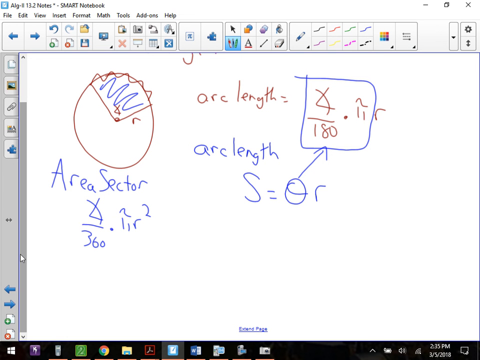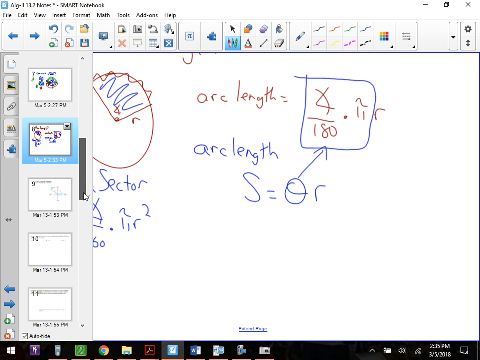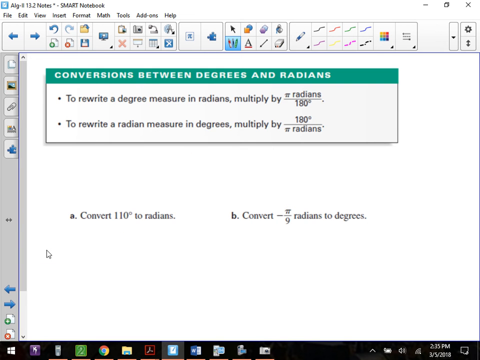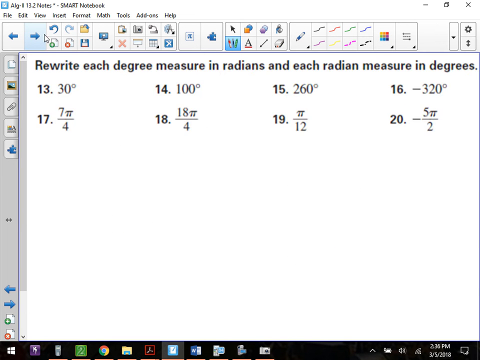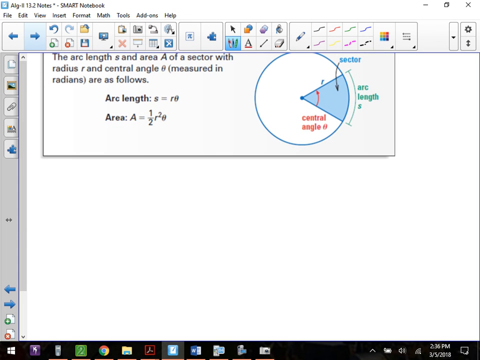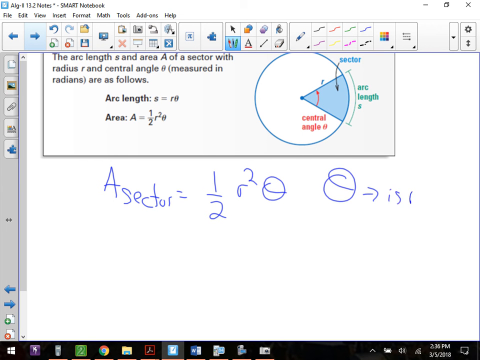I want to make sure I write it down. I always forget it. It's 1/2 r squared theta, where theta is radians.